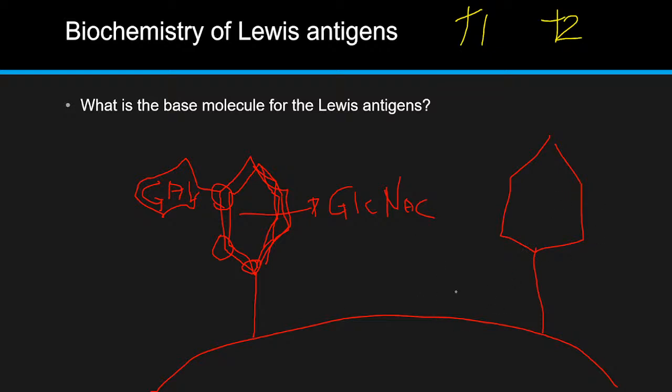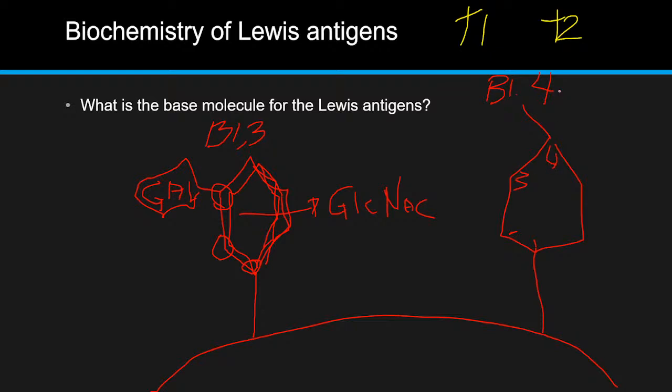So you have to have 1, 2, 3, 4, 5, 6. Type 1 has a beta 1,3 linkage of the galactose. Type 2 has a beta 1,4 linkage. Now, how do I know it's 1,4? 1, 2, 3, 4.